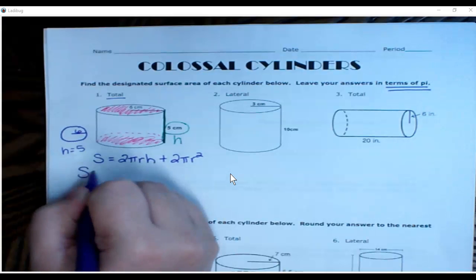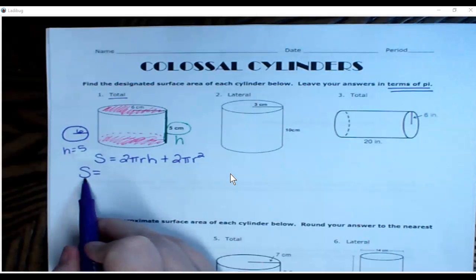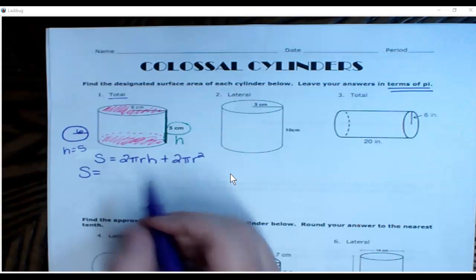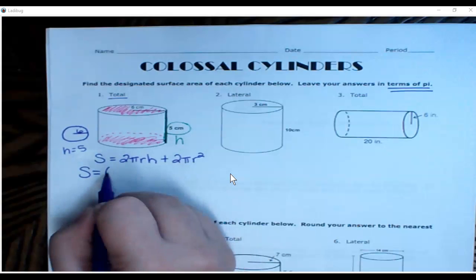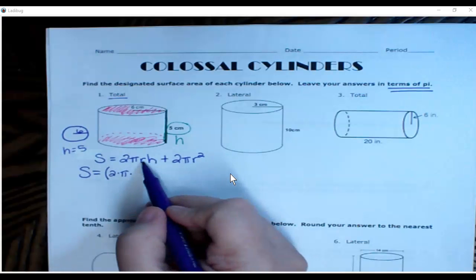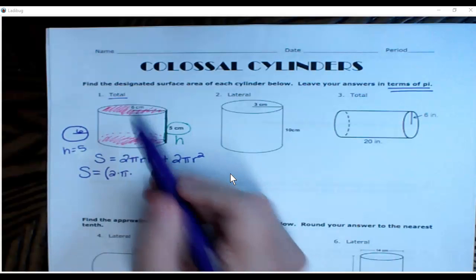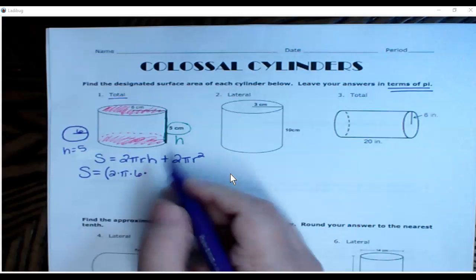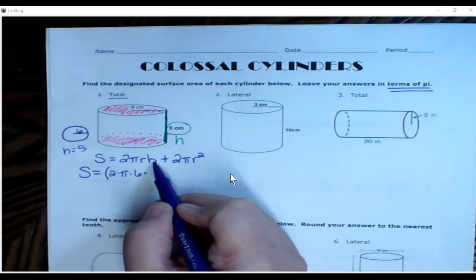All right, so let's start substituting in. I don't know surface area. That's what I'm trying to find, so that variable stays. So now we need to multiply together 2 times pi times our radius, which they tell us is 6, times the height of our cylinder, which is 5.